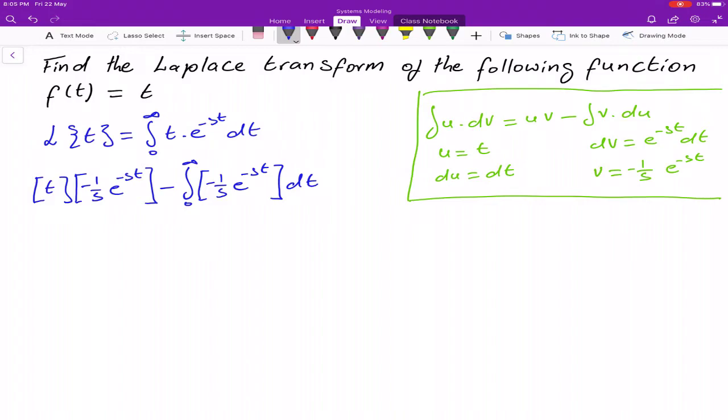And now is just to clean up the equation just by doing the algebra.